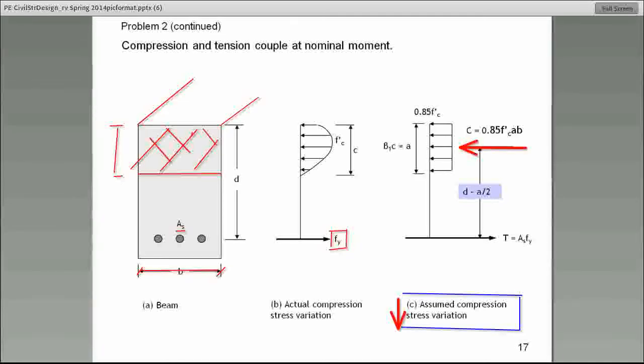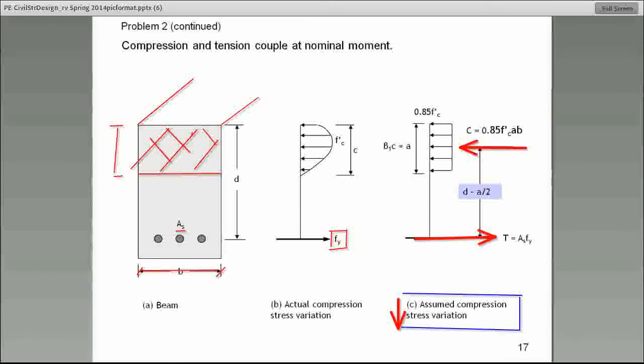Because that's one, the other one is here. So the total compressive force and the total tensile force, big C and big T, those, by the way, they have to be equal for equilibrium. So if they're equal and each one is acting in a different direction, what is that called?